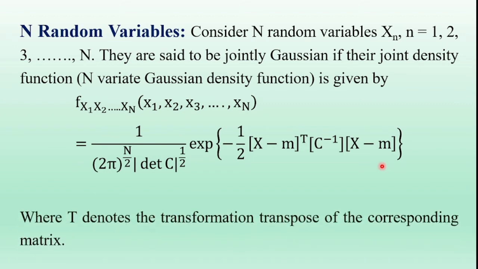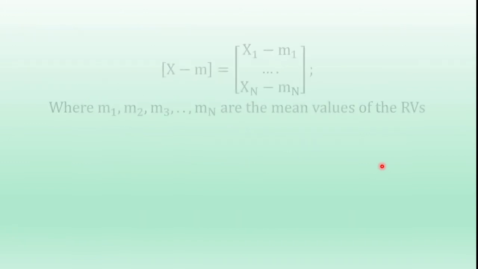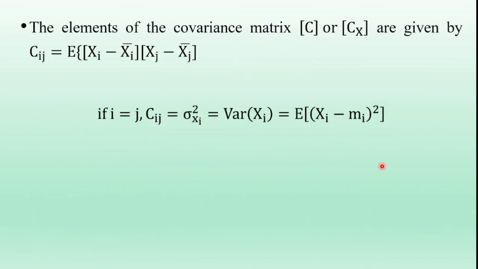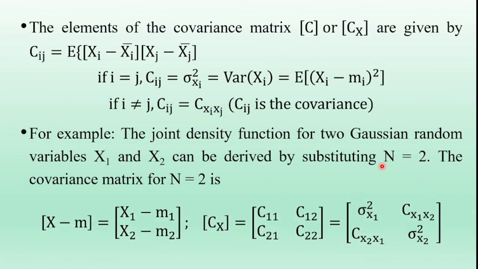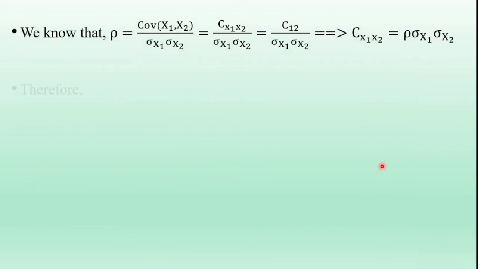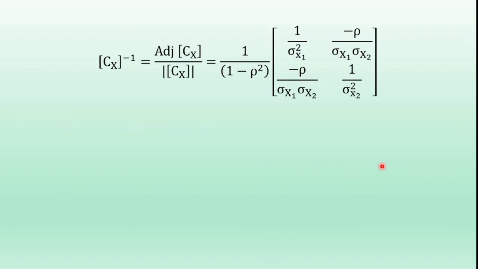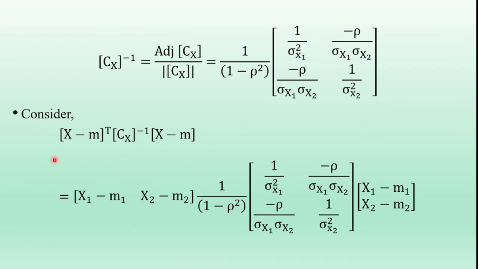Finally we get the n random variables joint probability density function expression. Okay.